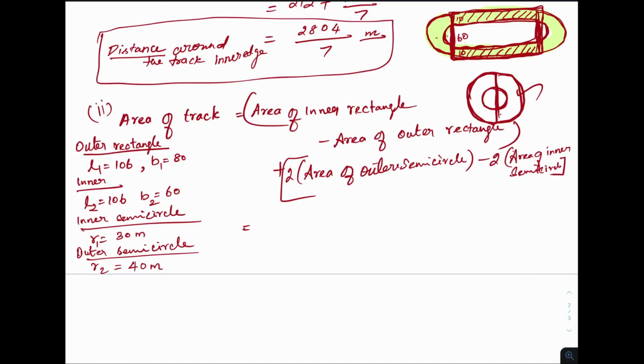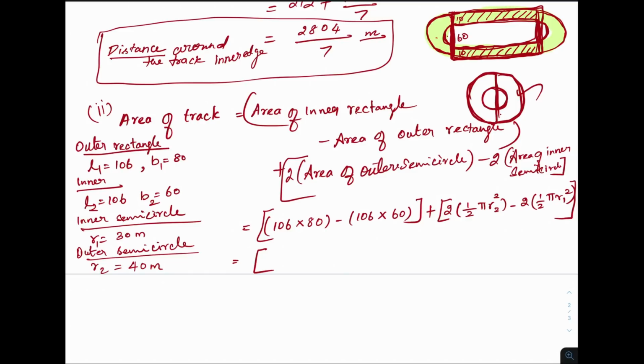Now we can apply. So this will be length 106 into 80 minus 106 into 60 plus 2 into 1 by 2 pi R2 square minus 2 into 1 by 2 pi R1 square.